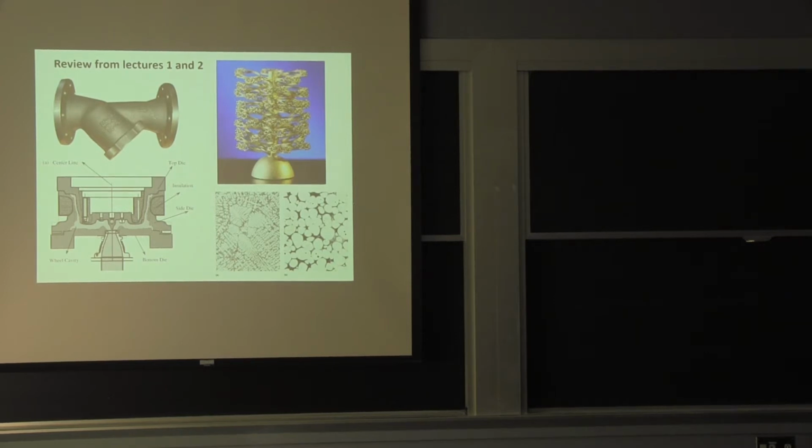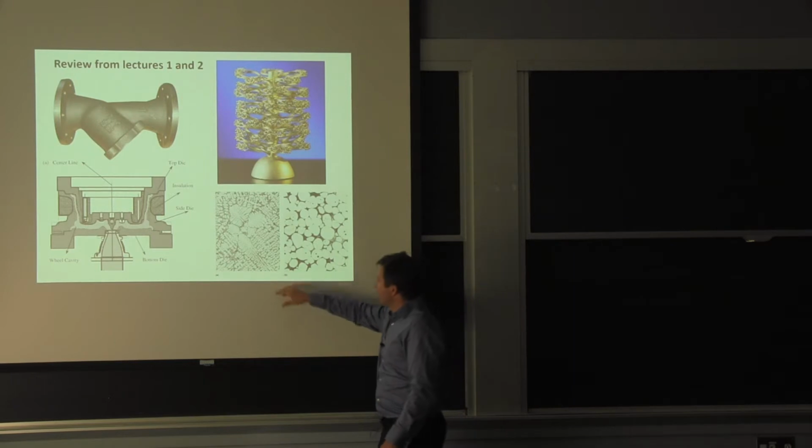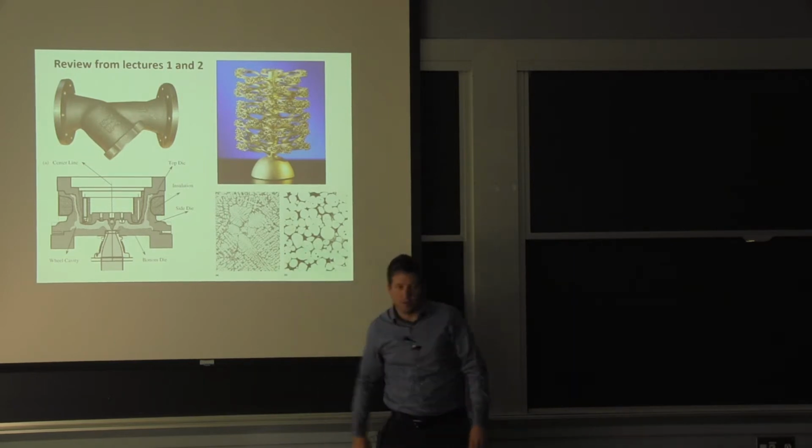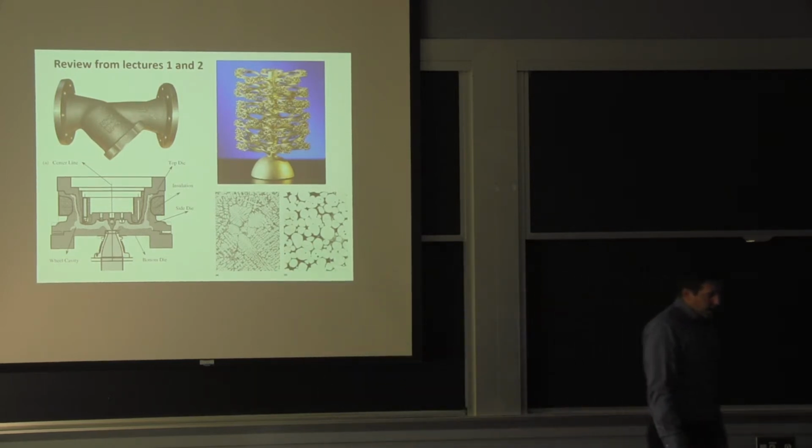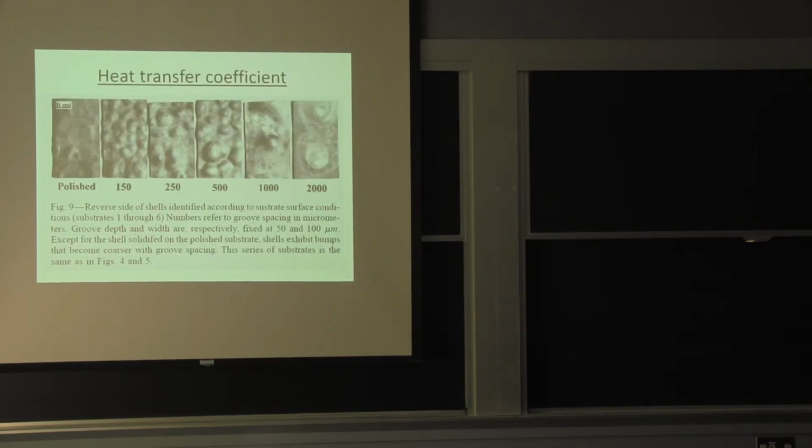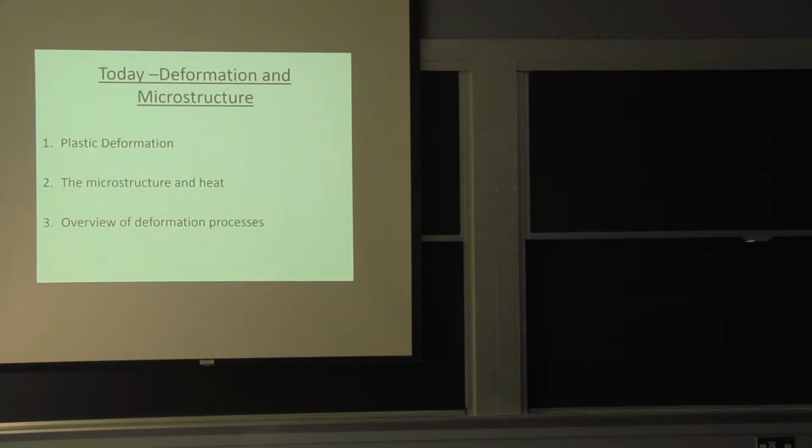So you avoid having the big dendrites starting from very close to the mold surface and going all the way to the inside, which is not atypical in certain alloys. Again, we talked about these heat transfer experiments and how the mold affects the nucleation and growth of the solid on the surface. So today we'll talk about plastic deformation.